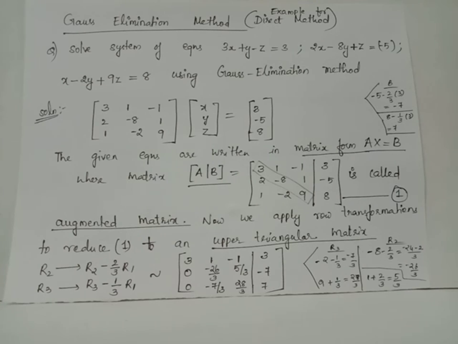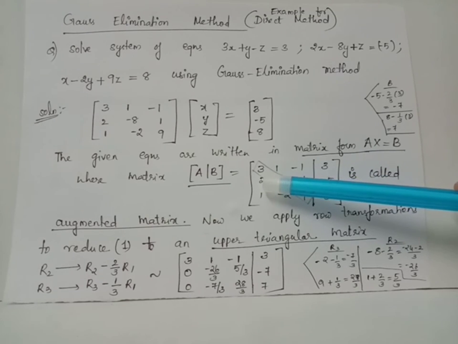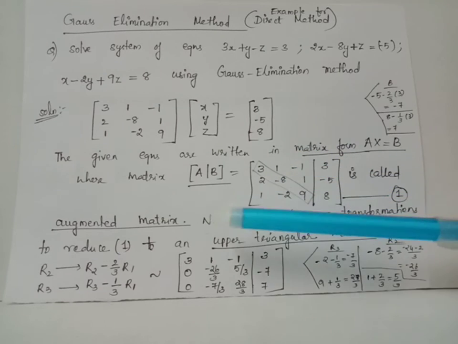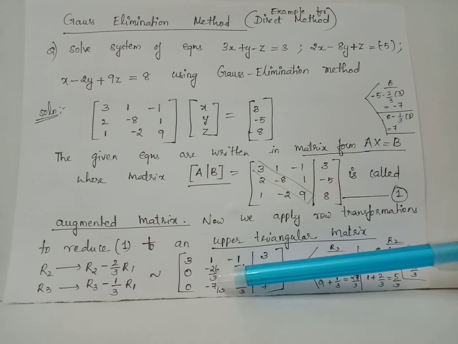If we consider the row transformation R2 changes to R2 minus 2 by 3 times R1, row 1 of the augmented matrix remains unchanged. Row 2 will be changed such that we will have new entries. 2 changes to 2 minus 2 by 3 times 3, which becomes 0 here.